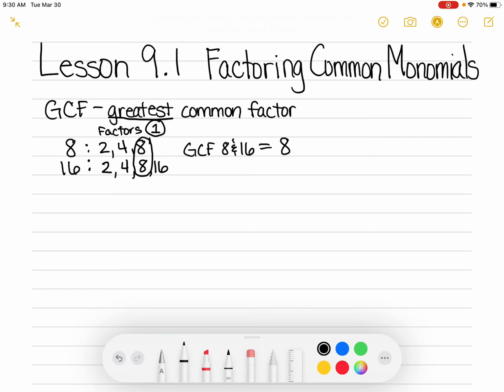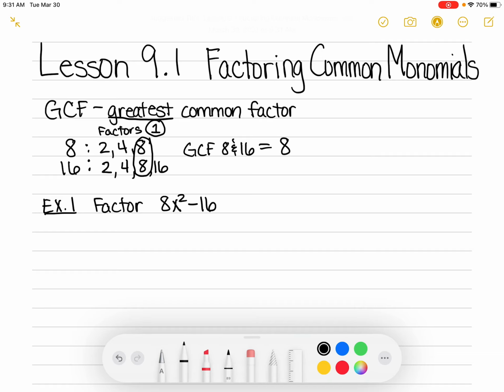And we're going to add in variables because it's algebra, right? So let's go ahead and get started with the first one. Example 1 says factor 8x squared minus 16. Okay, so the first thing you have to do in factoring these, remember I told you it's going to be like backwards distributive property.